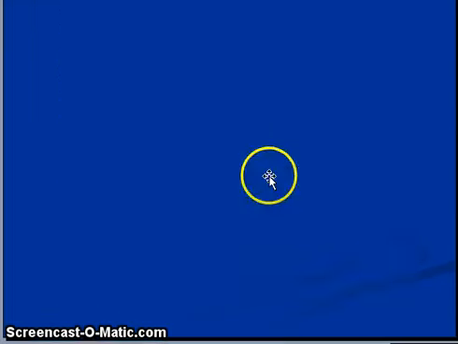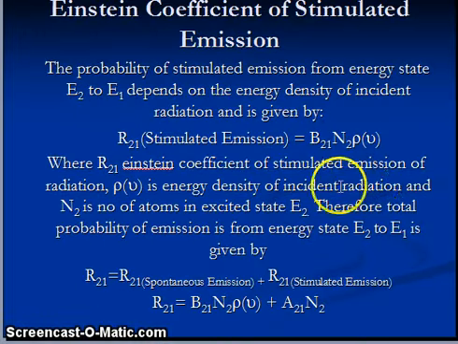In this case, the total probability of emission from excited energy state E2 to ground energy state E1 is given by R21, equal to R21 spontaneous emission plus R21 stimulated emission. R21 spontaneous emission we have already done, and that is equal to A21 N2.